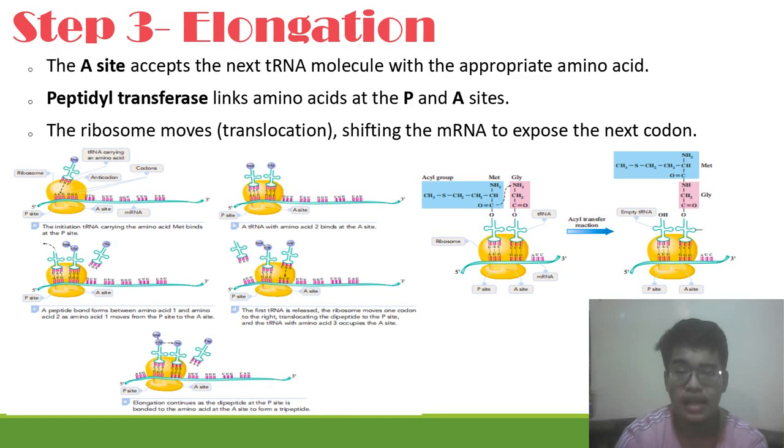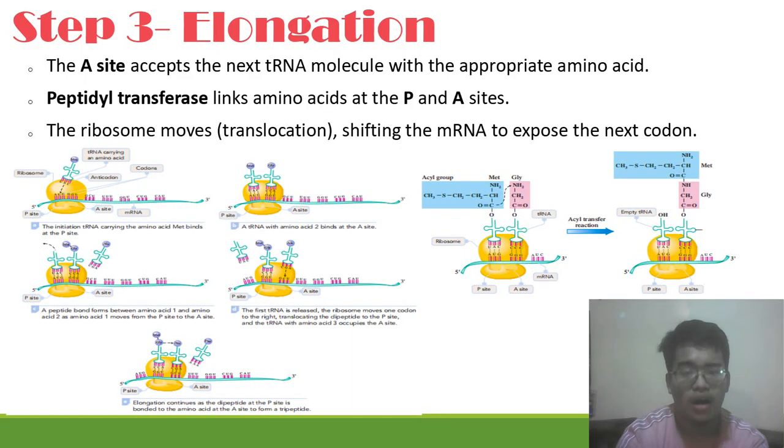Simultaneously with the release of the tRNA from the P site, the ribosome shifts along the mRNA. This shift puts the newly formed dipeptide at the P site, and the third codon of the mRNA is now available at site A to accept a tRNA molecule whose anticodon complements this codon.